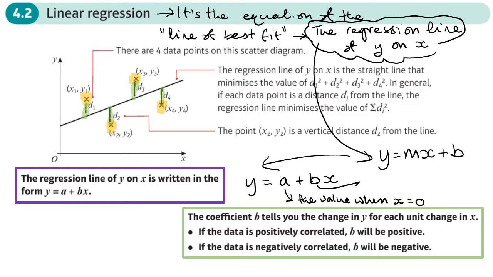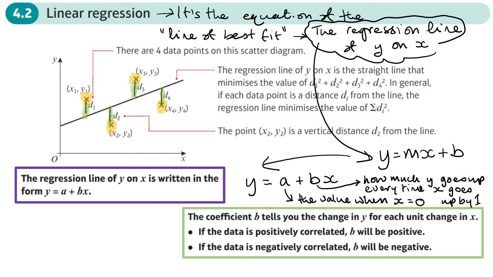And b, this number tells you how much y goes up every time x goes up by 1. And again, we need to interpret it in the context of the question.